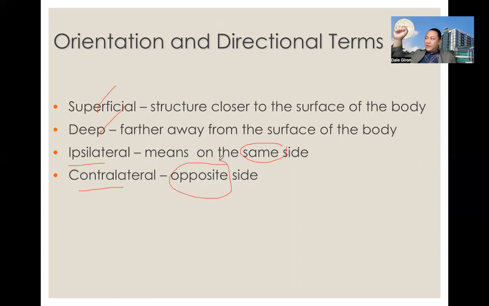If the right hand is involved and the right leg is also involved, they're ipsilateral. But if the right hand is involved and the left leg is involved, they are contralateral to each other. They are on the opposite side. Contra means different side or opposite side.